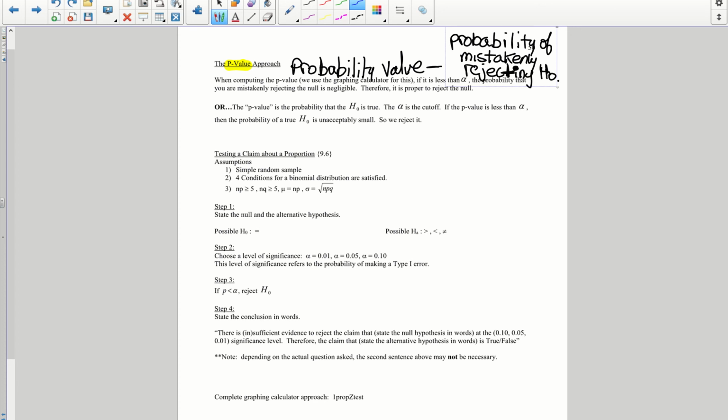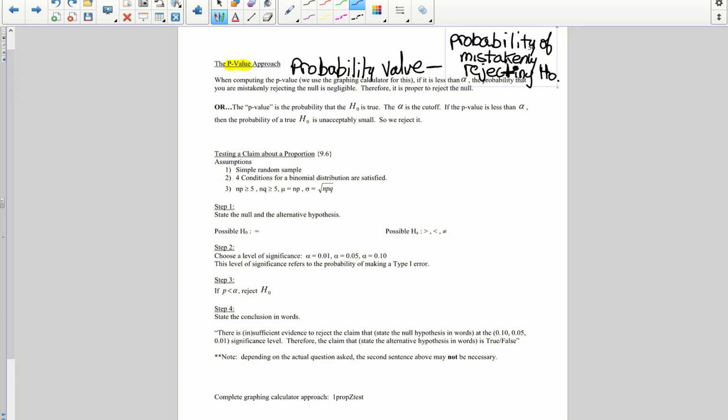All right. But the idea of mistakenly rejecting the null hypothesis, that's kind of a crazy thing to think about. You rejected the null hypothesis incorrectly. You weren't supposed to reject the null hypothesis, but you did. Right? So that's a bad thing. So the probability of doing something bad, we want that to be really small. All right? So this is along the same lines as alpha.